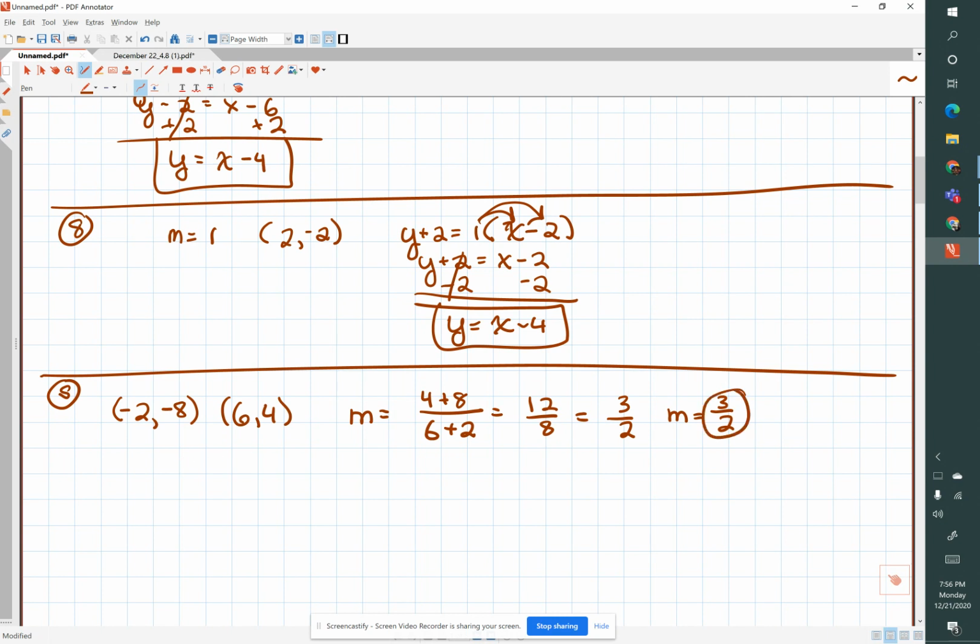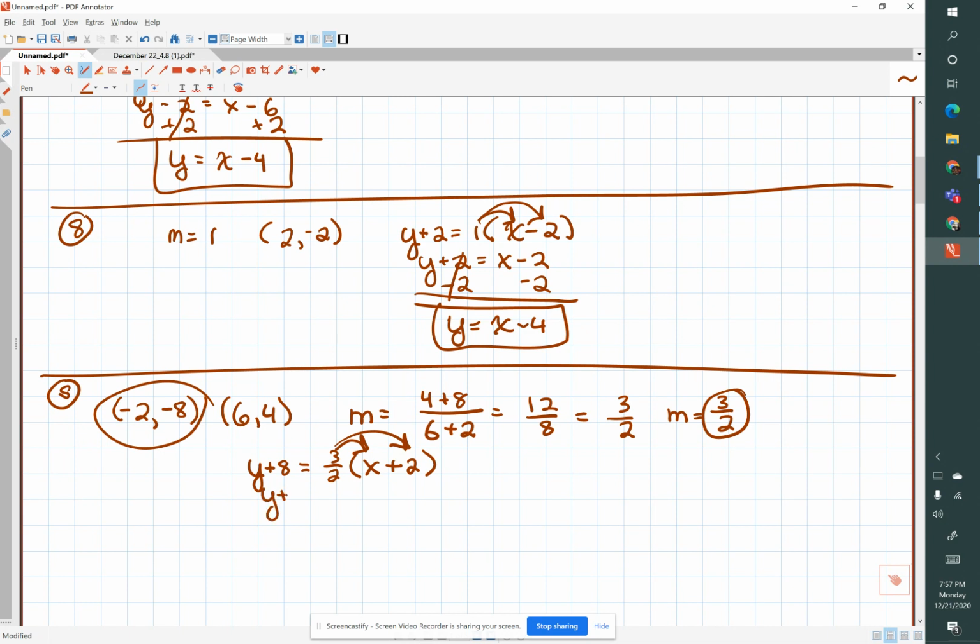Now we'll use the slope and the first point in this point slope formula. So y minus y1, so that would be y minus negative 8, which is y plus 8, equals 3 over 2 times the quantity of x minus negative 2, which is plus 2. And we distribute.